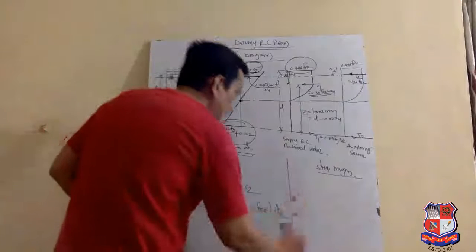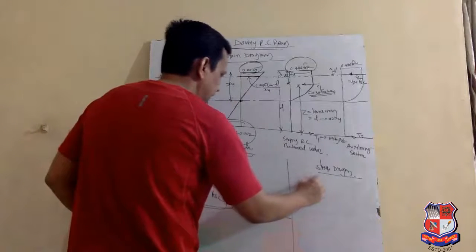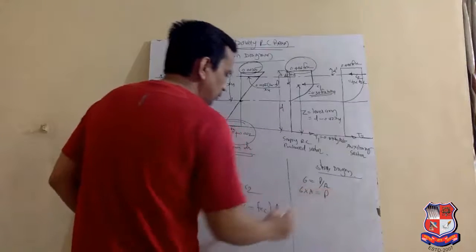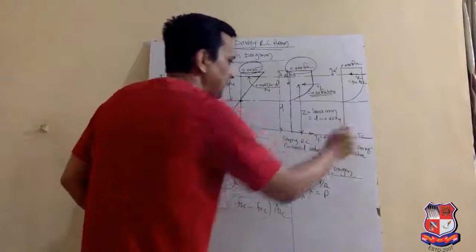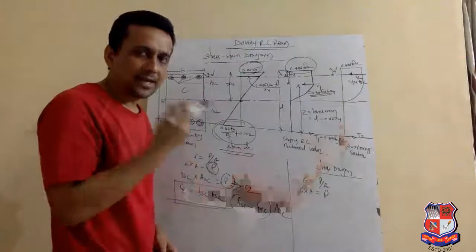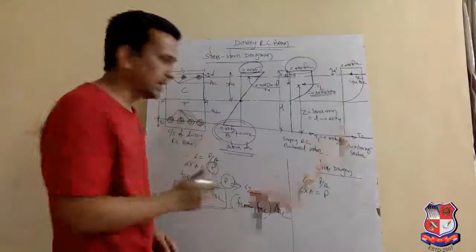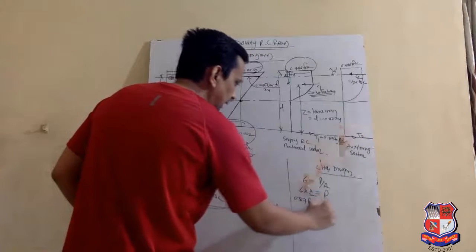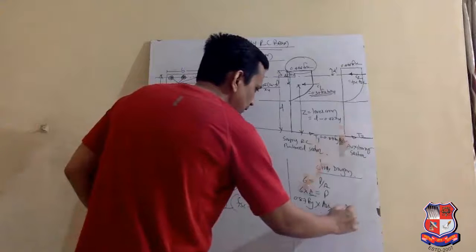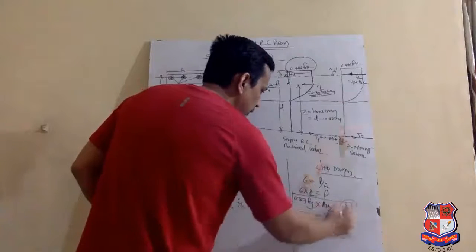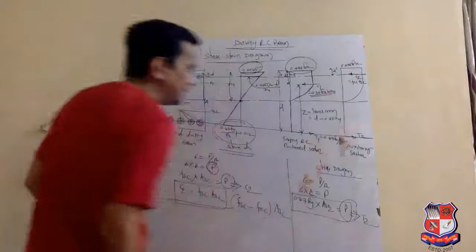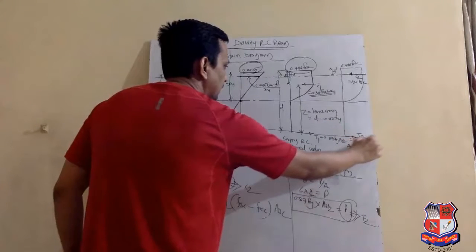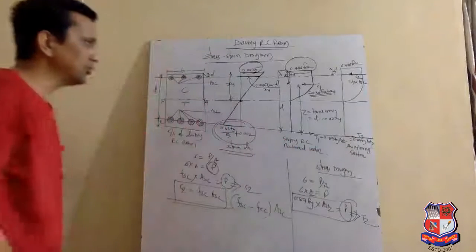Again, sigma equals P by A, so sigma into A equals P. This is all about the reinforcement, and IS has recommended that the permissible stress is 0.87 fy, into the area Ast2, equals P. So we denote P as T2. So the equation of T2 comes to 0.87 fy Ast2.